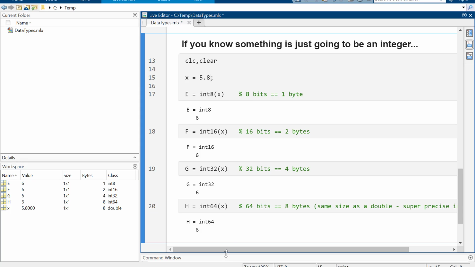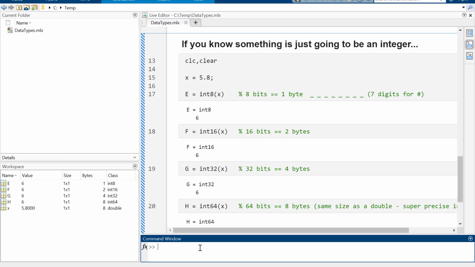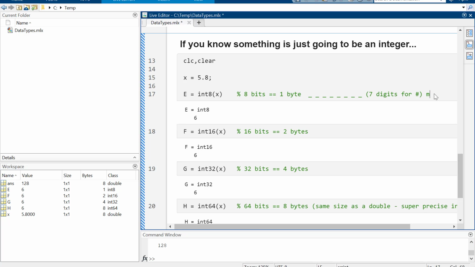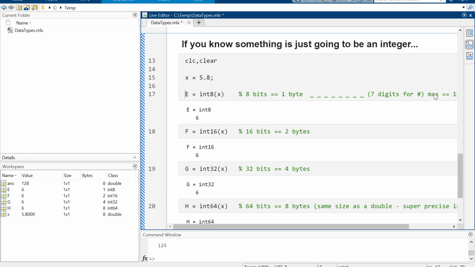So 2 to the 8 bits. Again, there are like 8 blanks. 2, 3, 4, 5, 6, 7, 8. The first one is for the plus or minus, and then everything else is for the number. So that gives you 7 digits for the number. So your max number that you can make is 2 to the 7, which is I think 128.